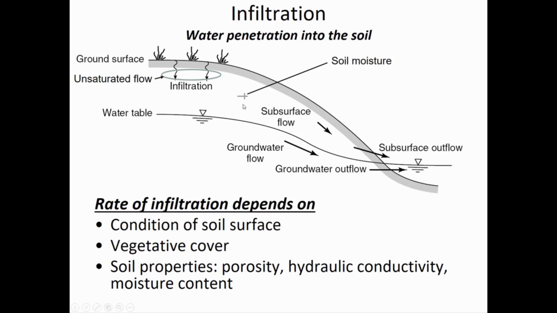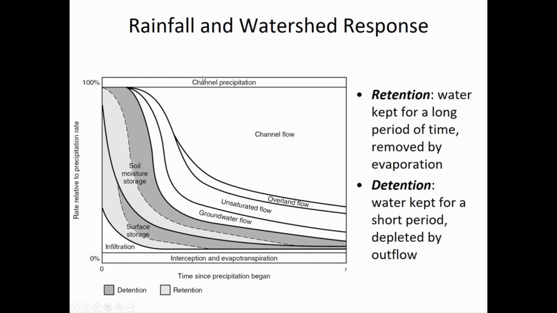So the soil moisture will gradually increase as a wetting front moves down through the soil column during a rainfall until it becomes saturated. And that water table can rise when it's rainy, and it can fall when it's dry weather. And the movement of the water table also affects how quickly the water infiltrates down into the soil.